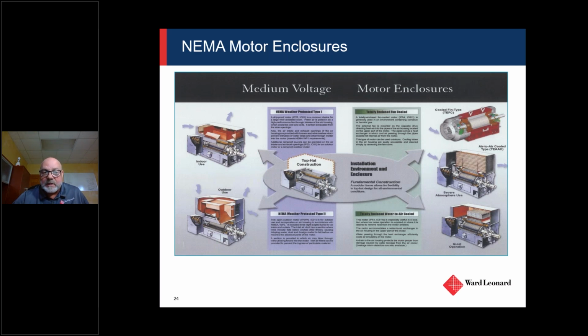There are fans on the rotor that blow air out and draft it from the bottom, and it just exchanges air to air. WP2 is a similar design, but a little more weather protected for rain. There is a totally enclosed fan cooled design. There's an air-to-air cooled or TAC motor, and you can see heat exchangers in there. That's what that tube bundle is.